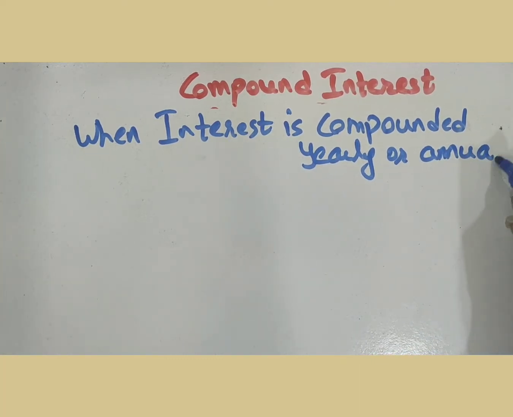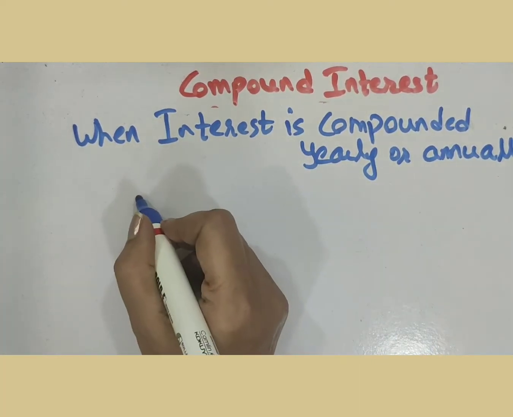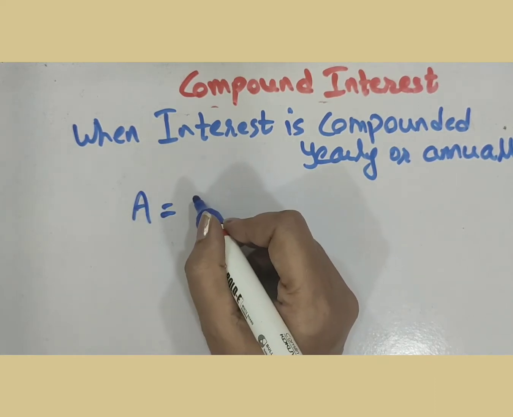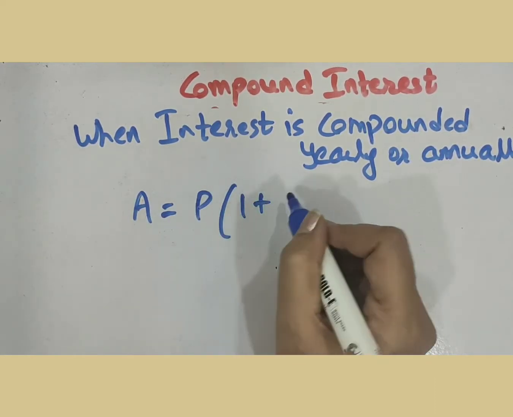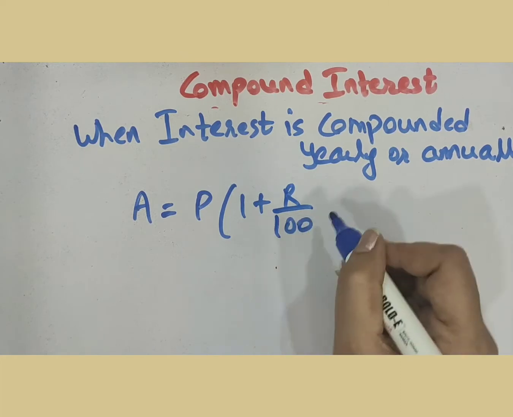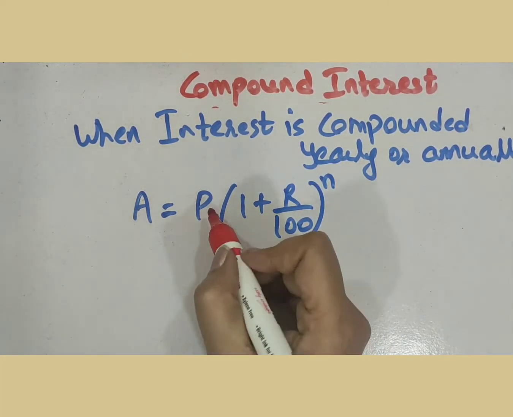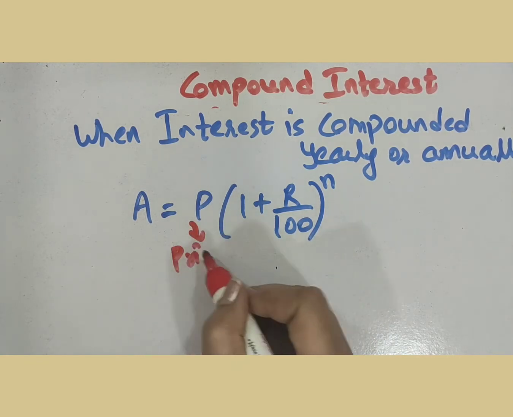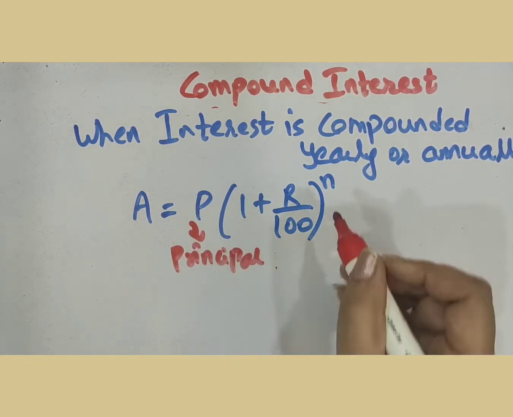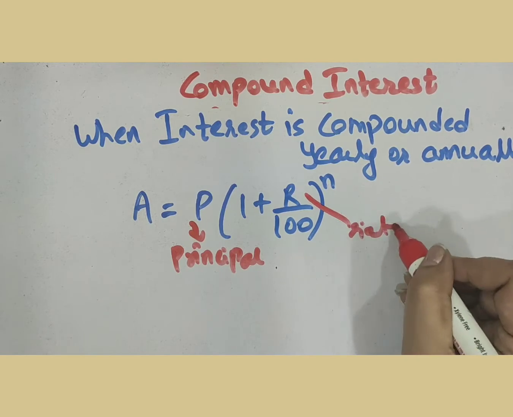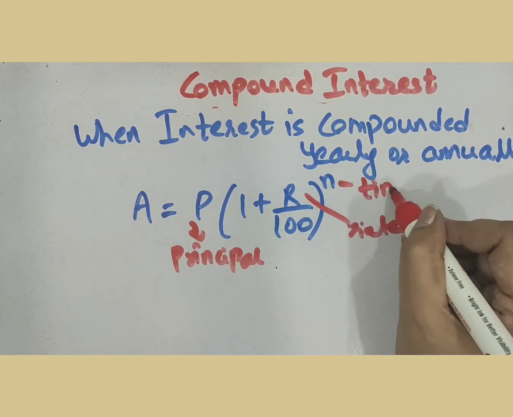So in this case, the generalized formula will be A is equal to P into 1 plus R upon 100 whole raised to N. Here P is principal, R is rate, and N is time.